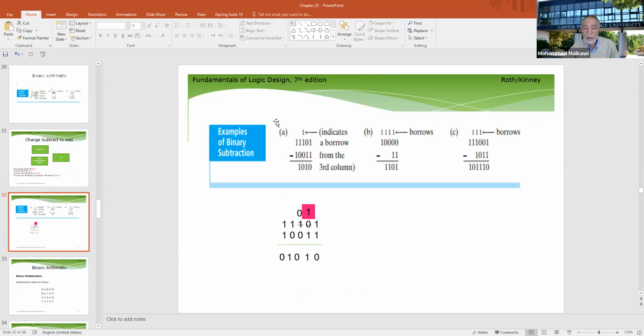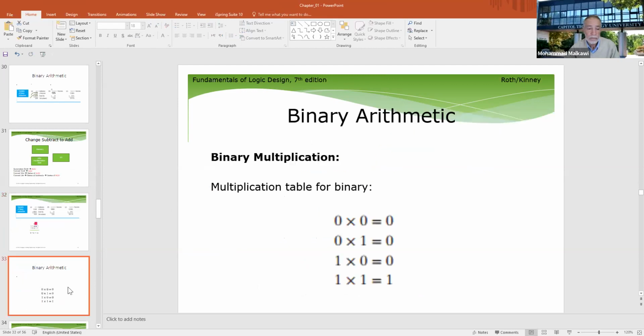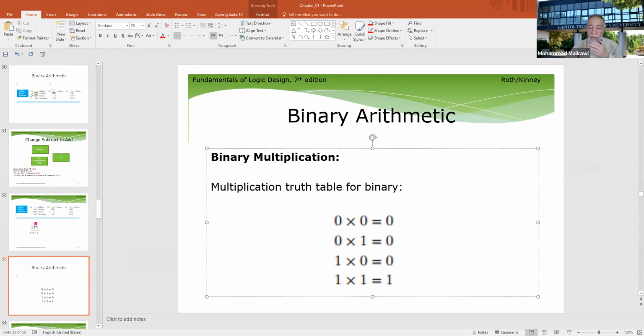Now this is another example, for the subtract. Multiplication now, the binary multiplication. If I want to do the multiply, this is the truth table. We call this a truth table, the multiplication table for binary, which has 0 times 0 is a 0.